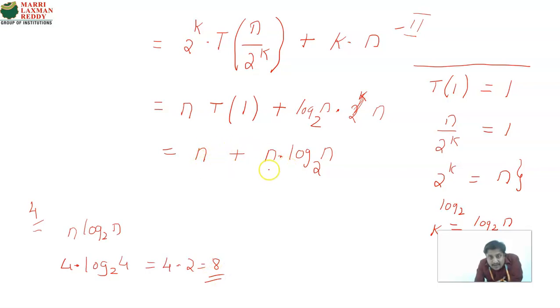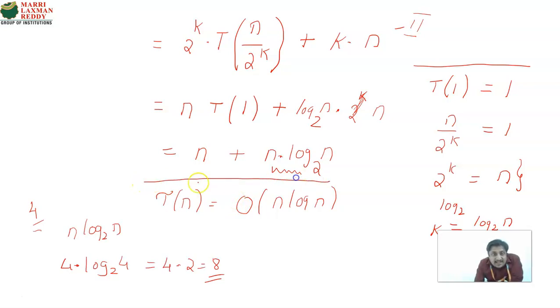Among these two terms, this particular one leads to the larger value. So finally we write T(n) = O(n log n). You can mention the base or not. This is the result of the given problem.